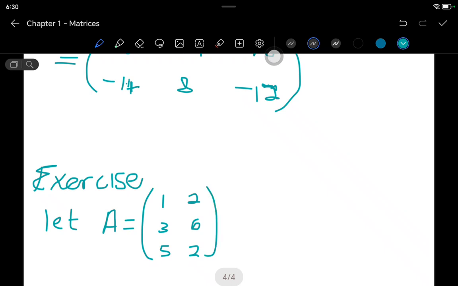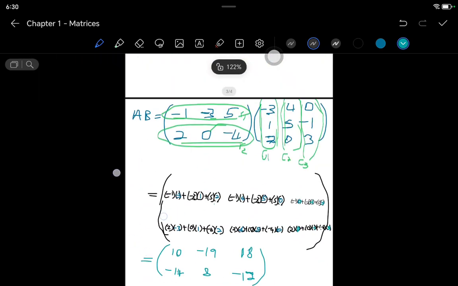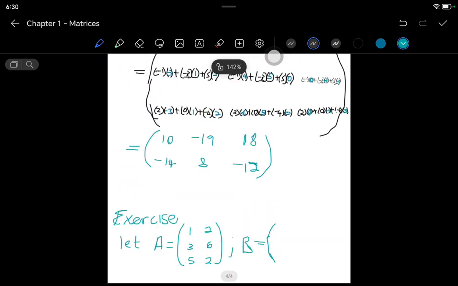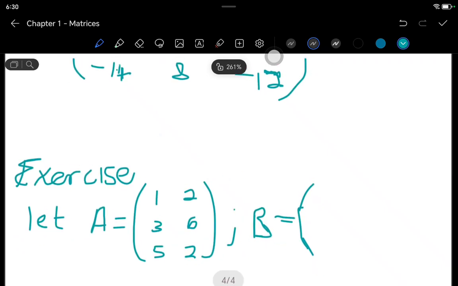Now let's say A is this, and then we check B. Let's see what our matrix was last time. So let's say B is 5, 7, 6, 2.